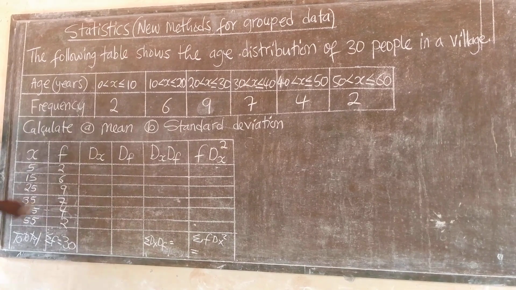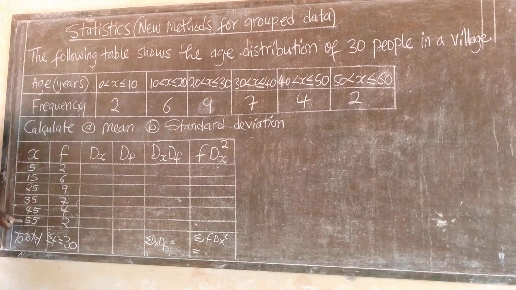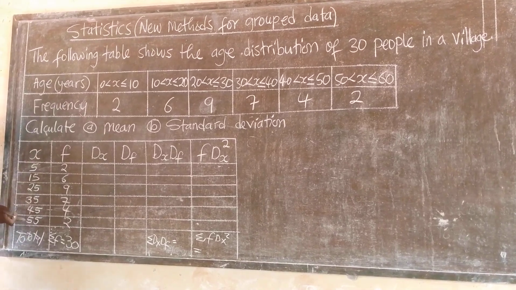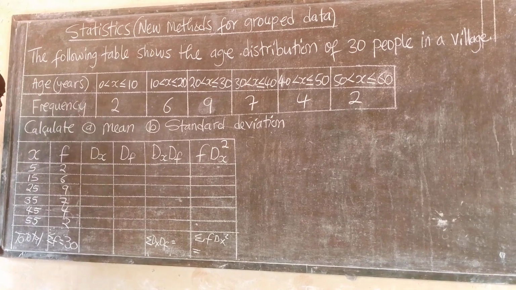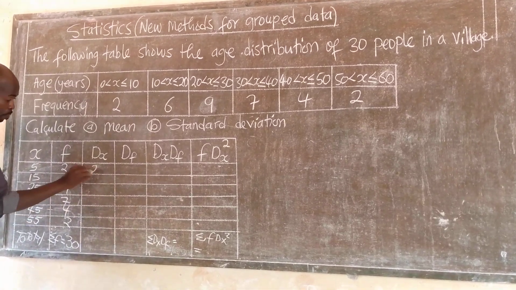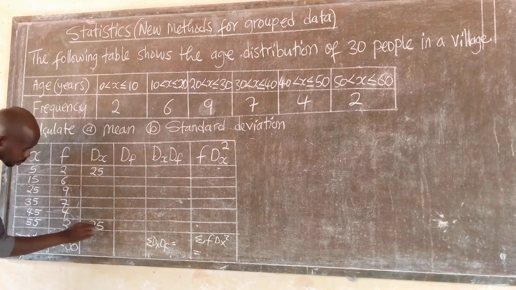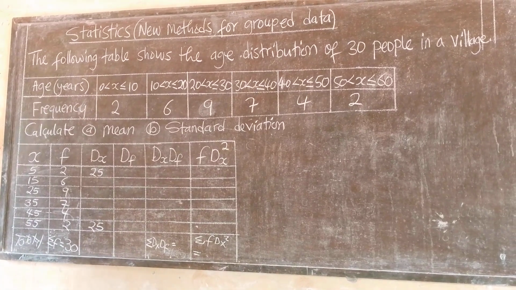So how do we come up with the figures here? We subtract the last minus the first, then we divide by 2. So 55 minus 5, 50, divided by 2, 25. Then you share that equally among those terms that you have subtracted.